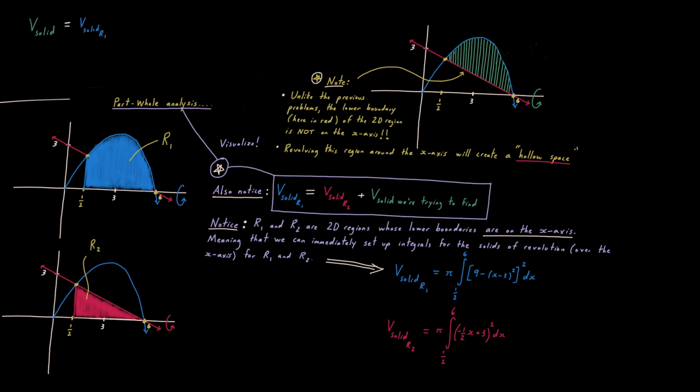Subtract both sides by the red volume, the volume of the solid formed by revolving R2, and we get an integral expression minus another one. That guy minus that guy. And now the bounds of integration are exactly the same. I've got a pi in front of each one, so I can smush these all into one integral like so.